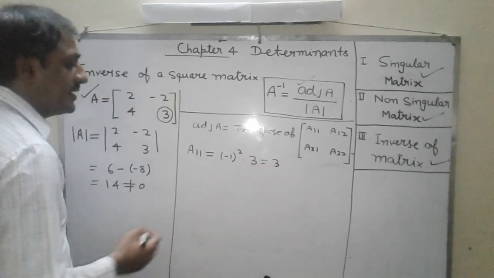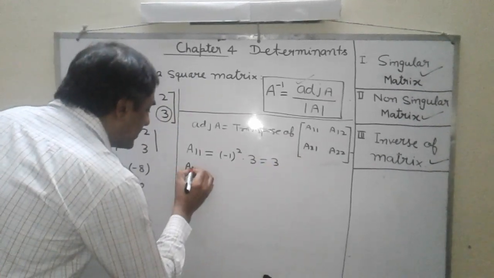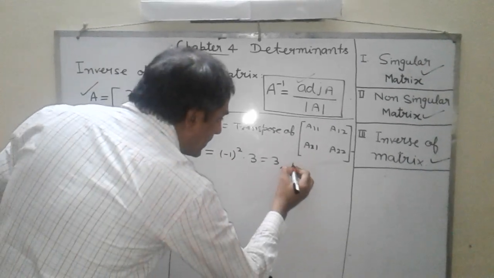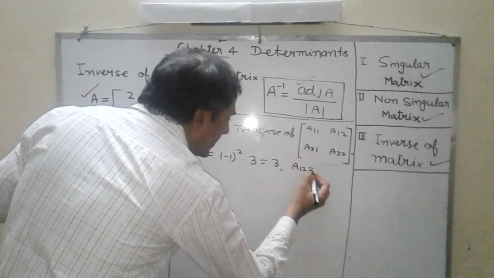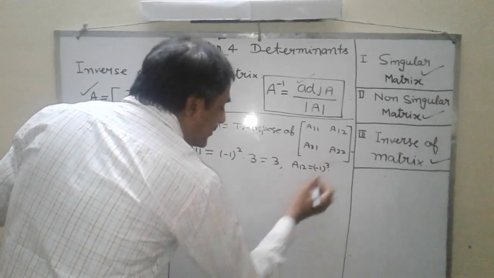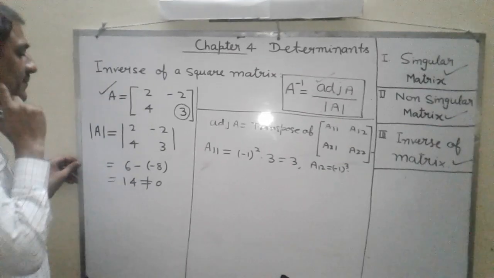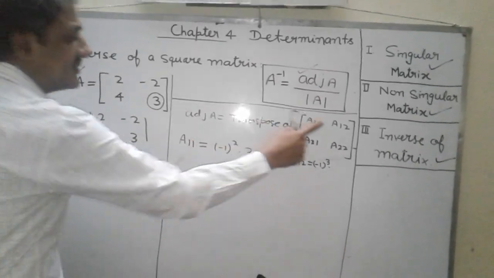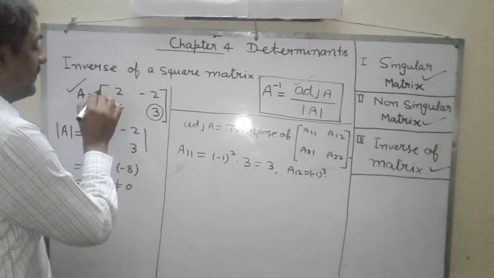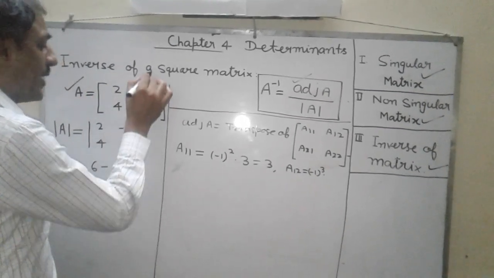It will become 3. A12 is equal to minus 1 to the power 1 plus 2, into the value of the minor of this element. It means we will delete the first row and the second column.